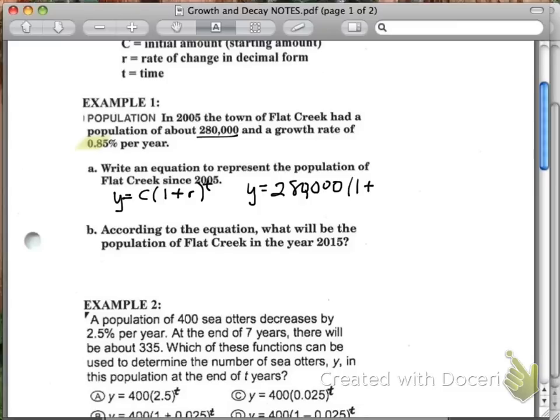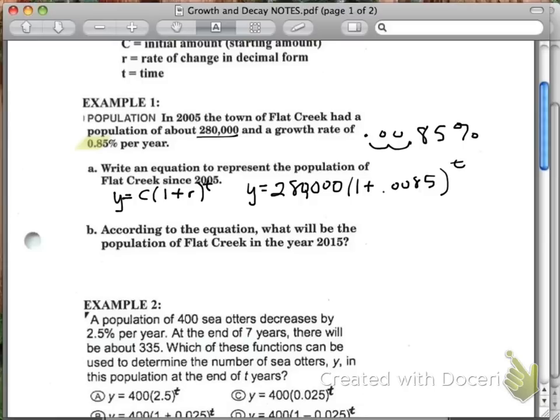If I take 0.85% and change that from a percent to a decimal, I move my decimal place 2 spots to the left. So 1, 2. That gives me 0.0085. So I have 1 plus 0.0085 raised to the t power, and again, t is time, and at this point, we don't know what the time is.